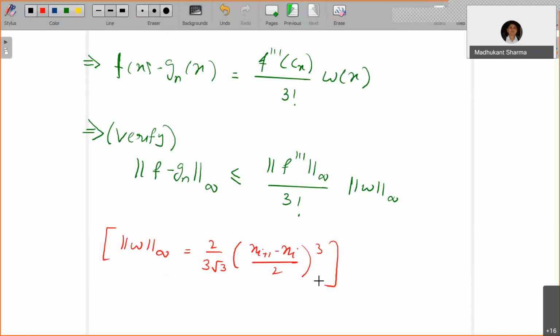That you can verify. This is the mod of (x minus xi) into (x minus xi plus 1 by 2) times (x minus xi plus 1), so it's a cubic polynomial.